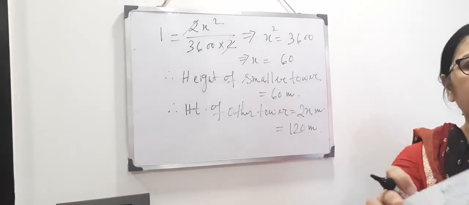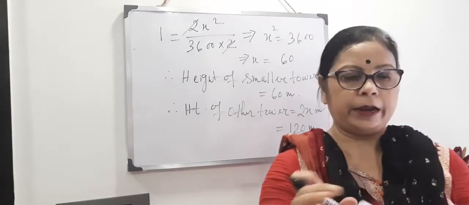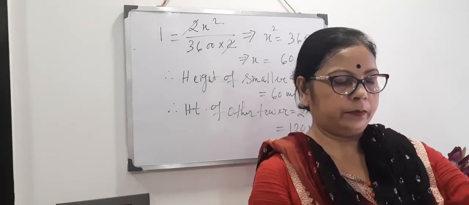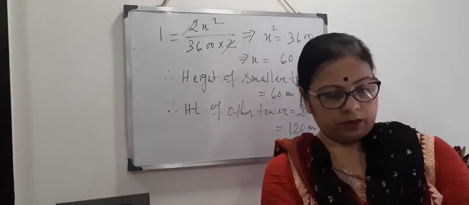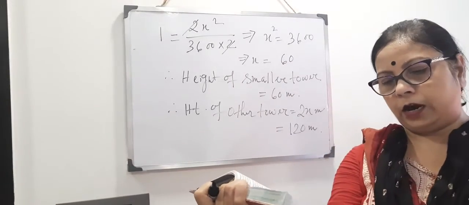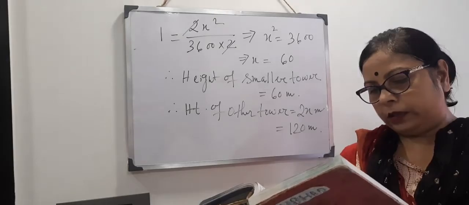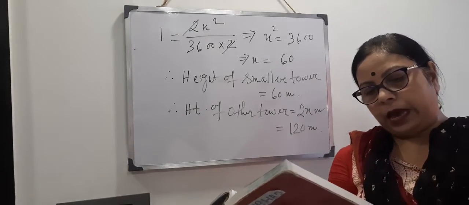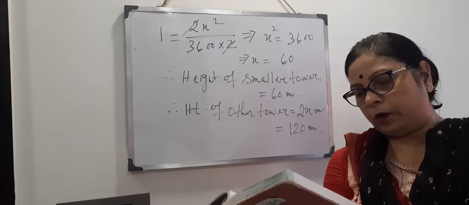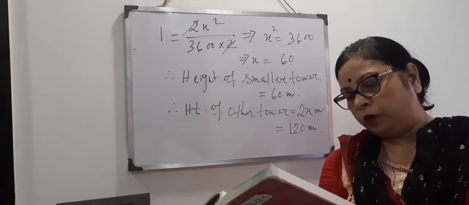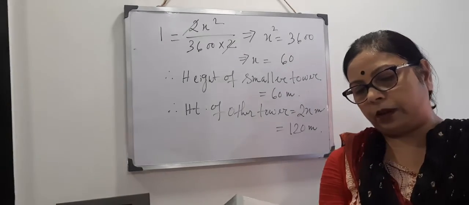Now next sum from your board book, that is sum number 10. What is that? The bottom of a lighthouse and the bottom of the mast of two ships are on the same straight line, and the angles of depression from the lighthouse at the bottom of the mast of two ships are 60 degree and 30 degree respectively.